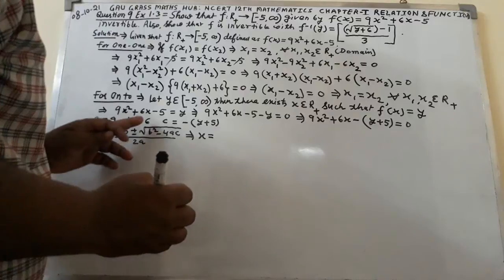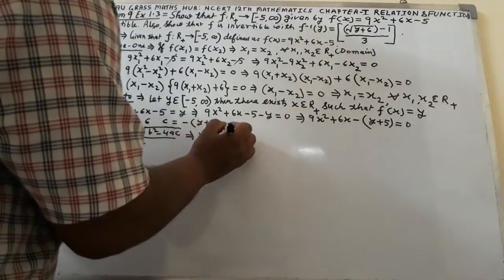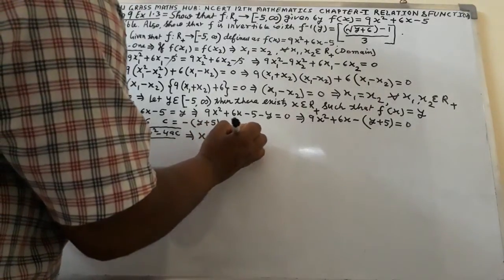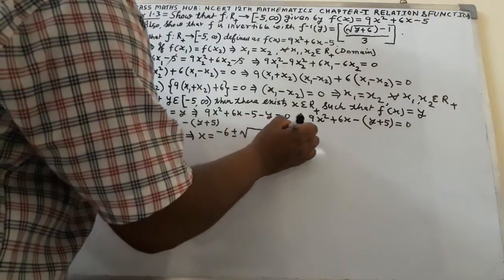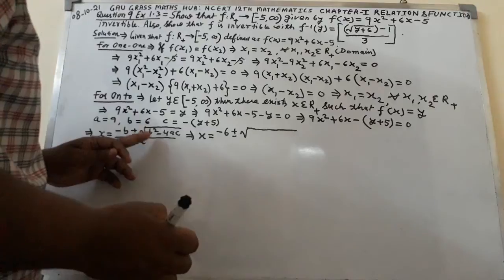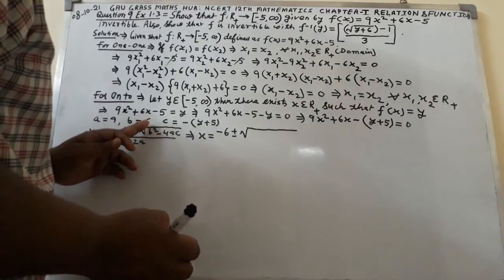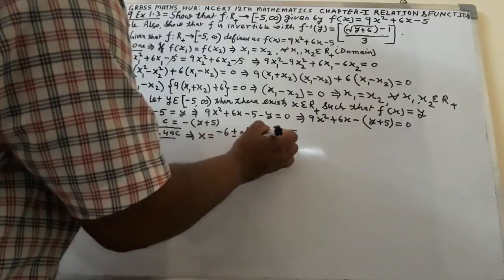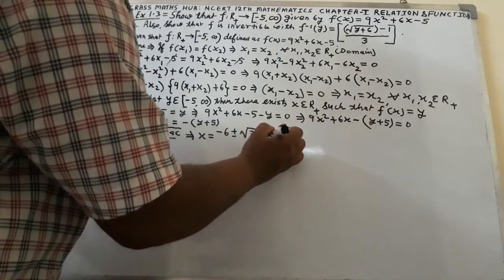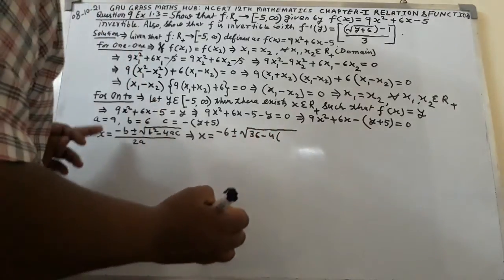What to do here? Just put the value. x is equal to minus b. In place of b I shall write 6. So here write minus 6 plus minus under root b square. B square means 6 whole square comes out to be 36, minus 4. Value of a we have got 9.